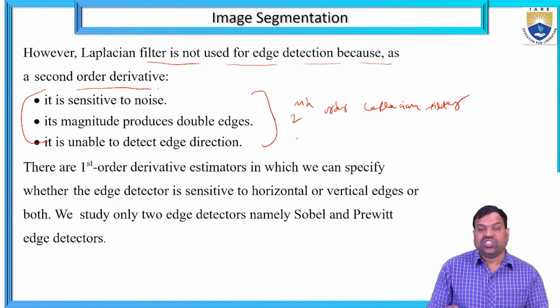It is sensitive to noise, its magnitude produces double edges, and it is unable to detect edge direction.